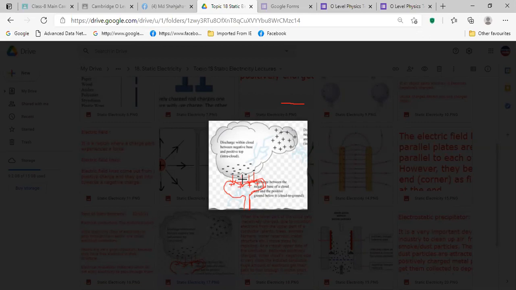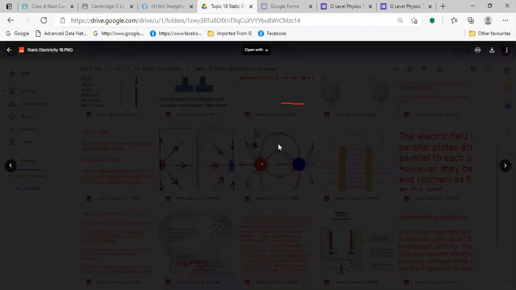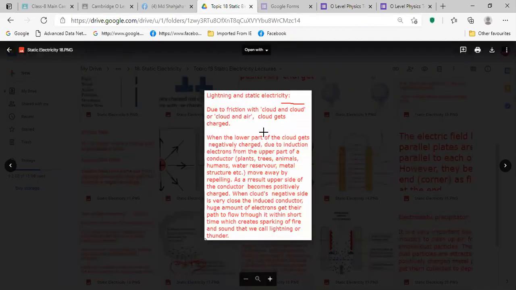That's why we are getting flash of light and sound during the thunderstorm. Is it clear? This part you will not write today. Today I'm just showing you, and next class you will write, and I will have more explanation on this. In the next class we will repeat it, no problem.